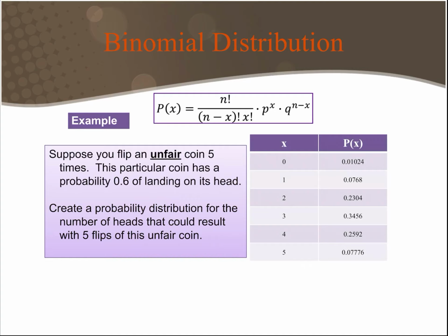And p would be the probability of success, so that's 0.6 for getting a head. q would be the probability of a failure or a tail. That would be 0.4, 1 minus 0.6. So if we went through and did this P of X 6 different times, P of X equals 0 and P of X equals 1, just like we were doing in the last section, we would get all these probabilities on the right-hand side.